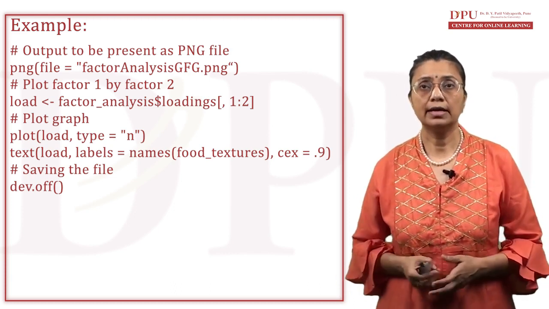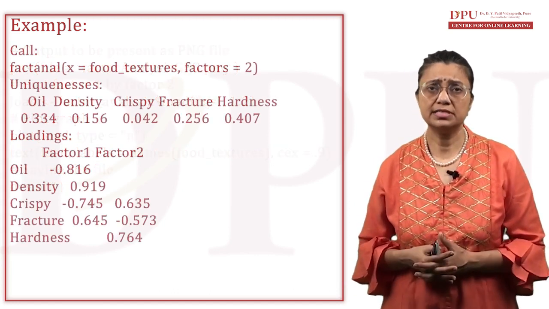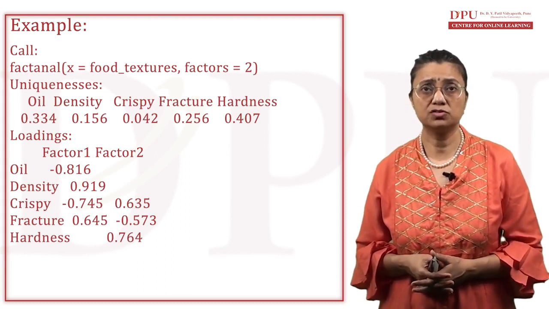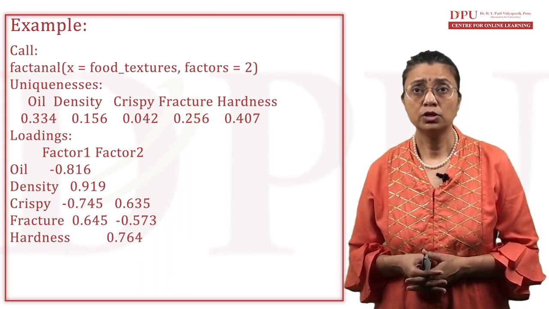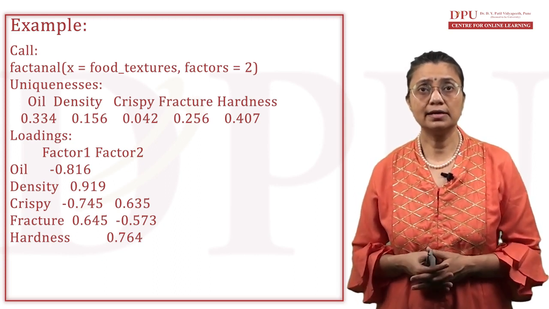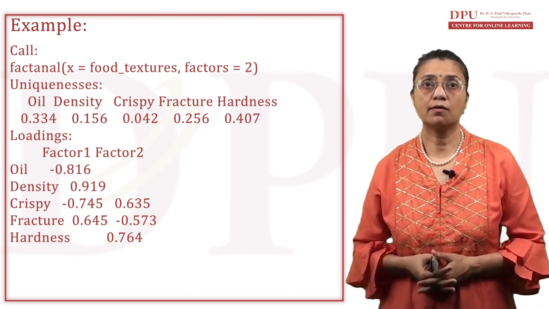So now let's have a look at the output and understand how this result comes. And we see we have called factanal where x is equal to food textures and factors is equal to 2. So you can see first factor and second factor, and then uniqueness is coming for oil, density, crispy, fracture, hardness, that you can see in the output.